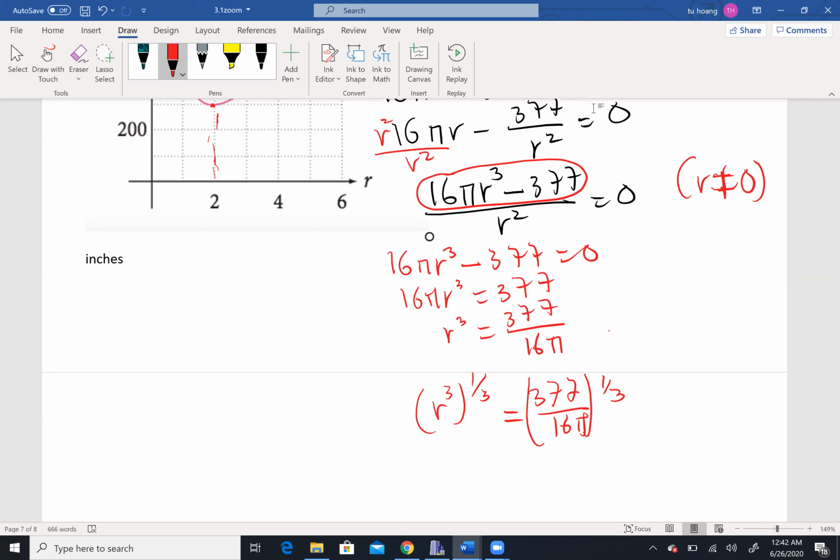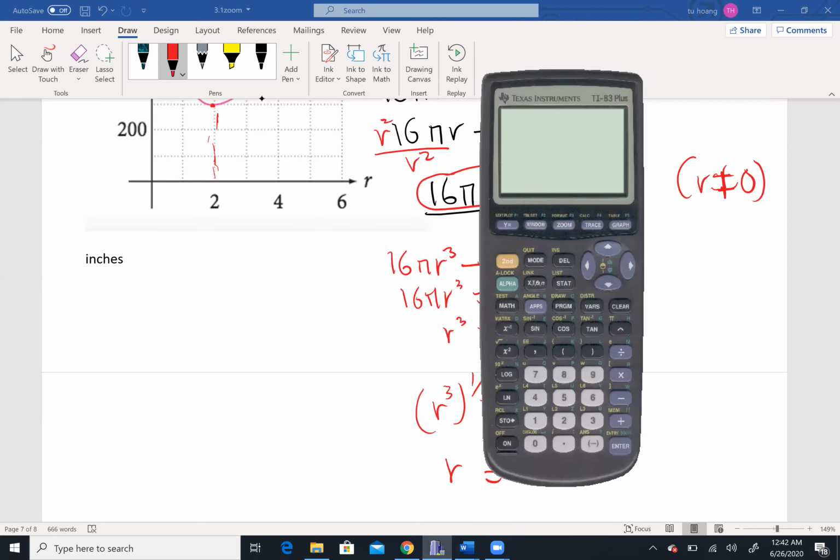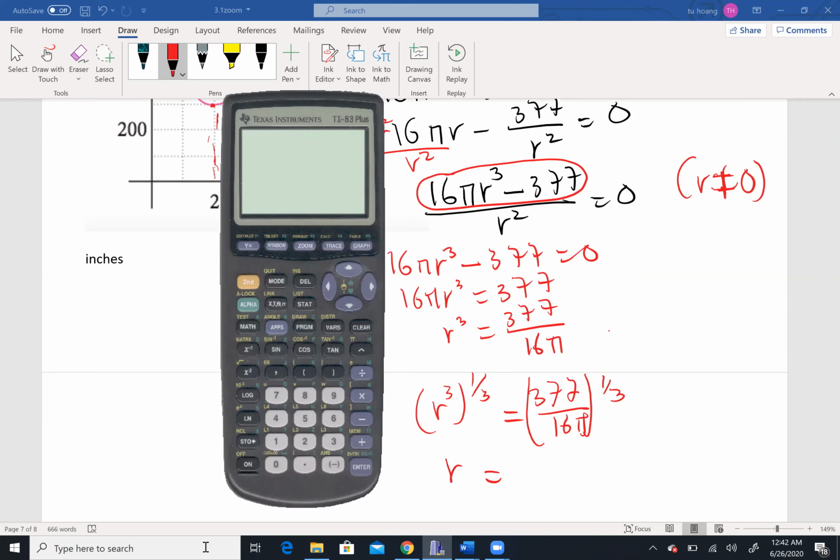Okay, so now let's do it. The left hand side will be equal to r. The right hand side, maybe for this one I have to use my calculator. I'm gonna open it, and I say open parentheses, 377 divided by, I need to have parentheses, 16 times pi.